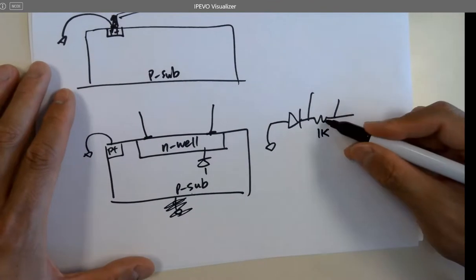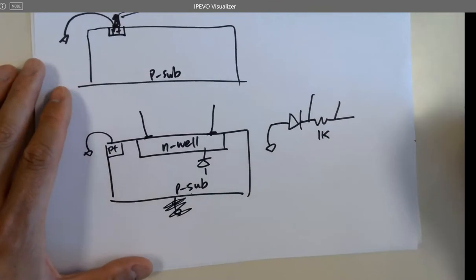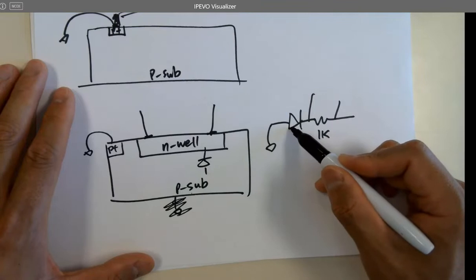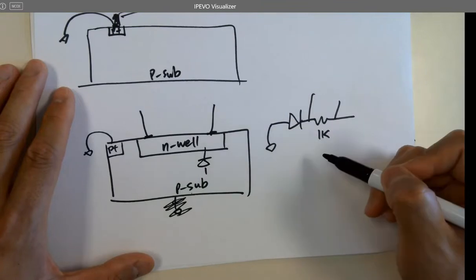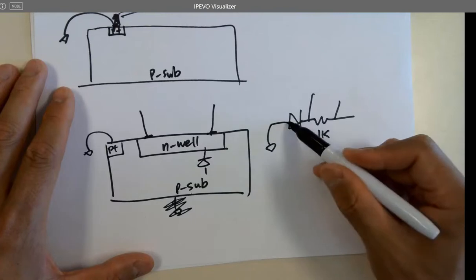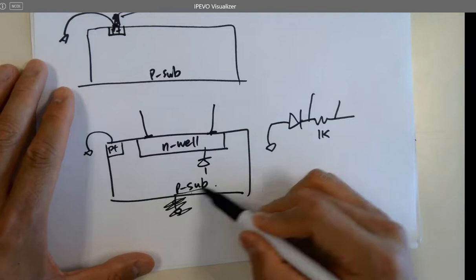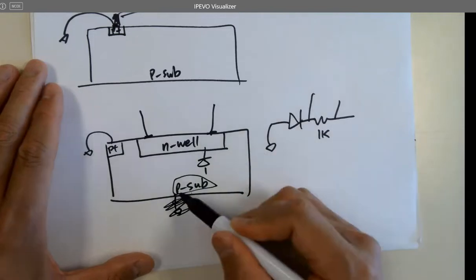Is it affecting the resistance of this guy? No, it's still just a resistor. And the diode is definitely not conductive, because you just ground the anode of the diode, which is a P material, right? You ground it.